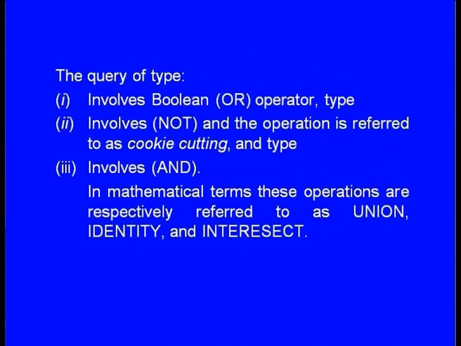The queries which can be made may involve a Boolean OR operator, or a NOT, and the operation is referred to as cookie cutting, or it may involve an AND operator. In mathematical terms, these operators are respectively referred to as union, identity and intersection.